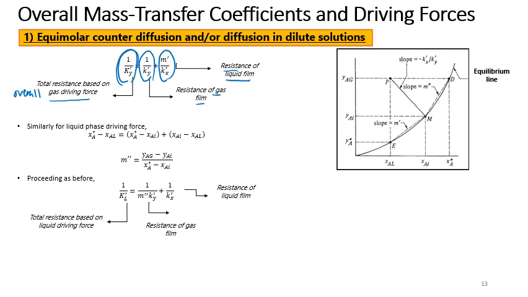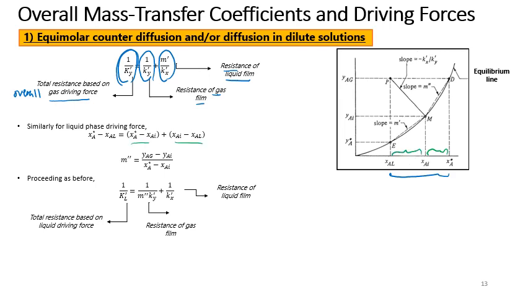But if using the liquid phase driving force, especially for stripping, then you can start with the distance between XA star and XAL, which equals the distance here plus the distance here, right?